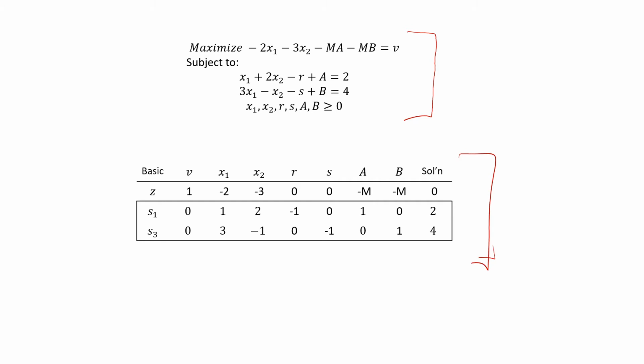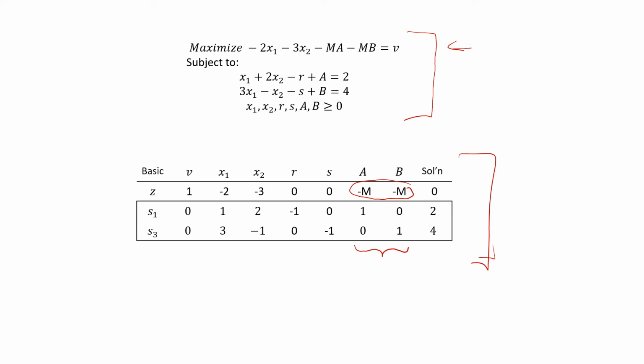If you remember when we put together the tableau, we had our basic variables, but in the tableau, there were zeros. Our basic variables did not appear in our objective function. Because of what we've done for our objective function here, our basic variables, the A and the B, are appearing in our objective function. We can't have that. We need to get them out of there.